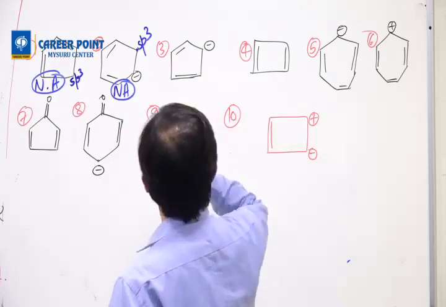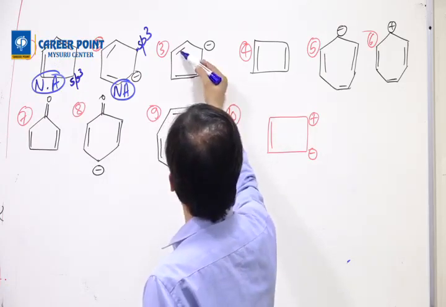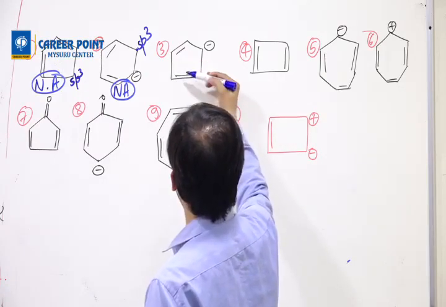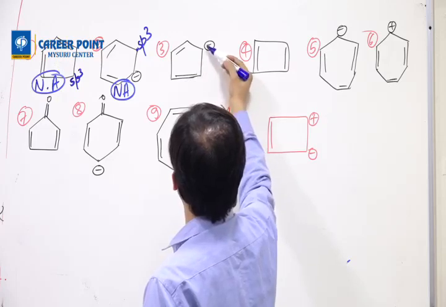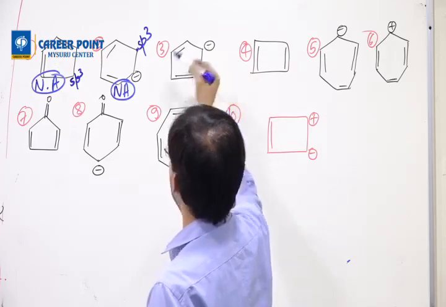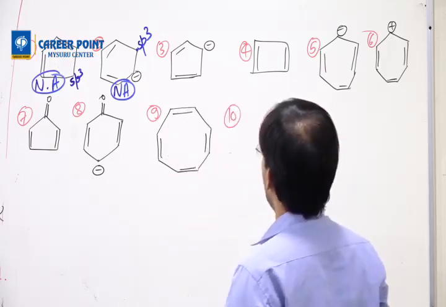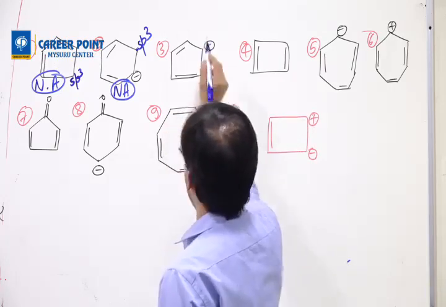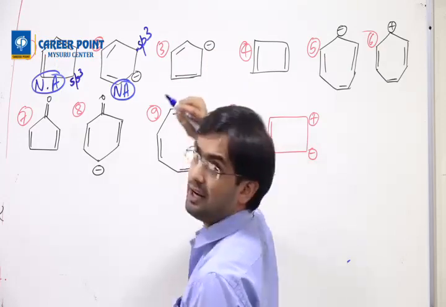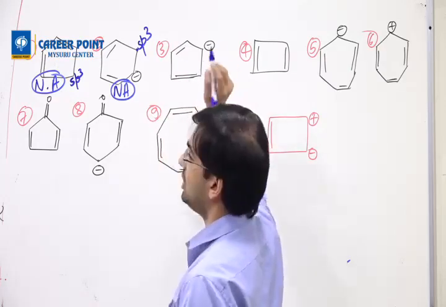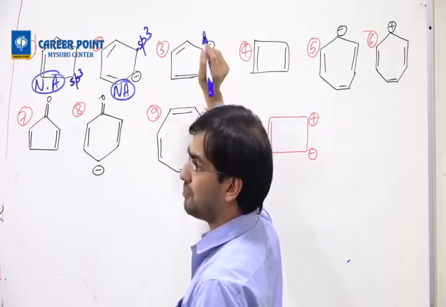Third one. If I look at the third one: double bond, single bond, double bond, single bond, negative charge, single bond, double bond. Complete delocalization. Everything is planar, cyclic, planar, with complete delocalization.